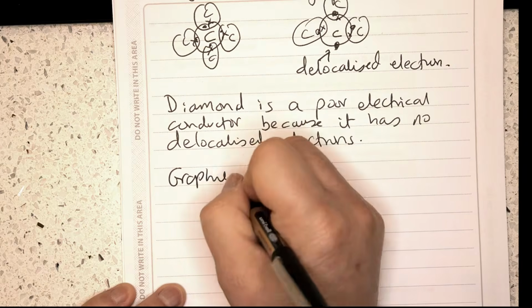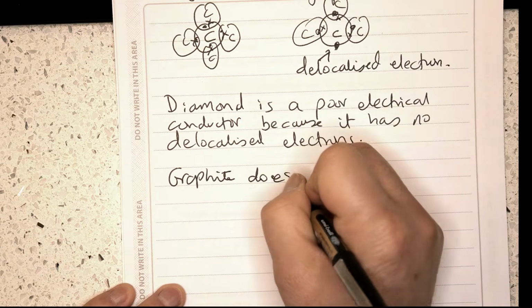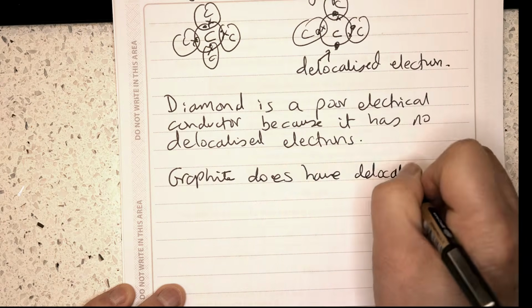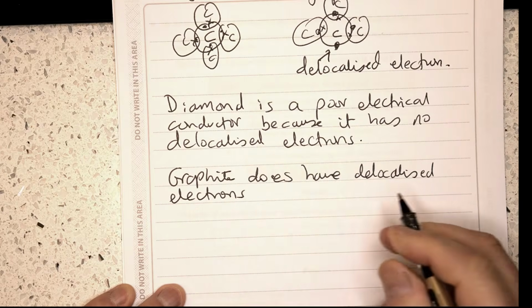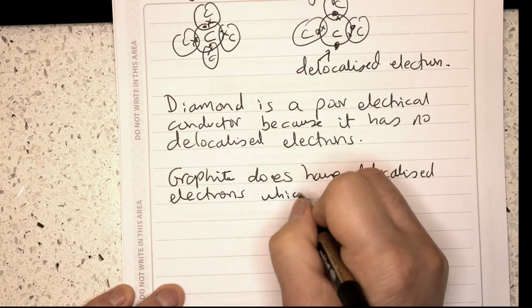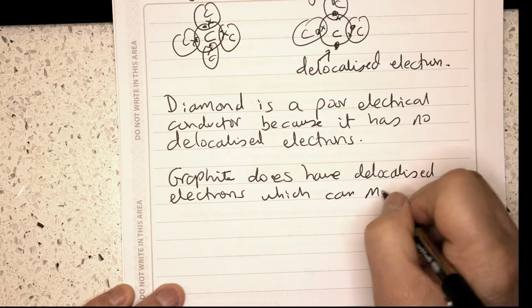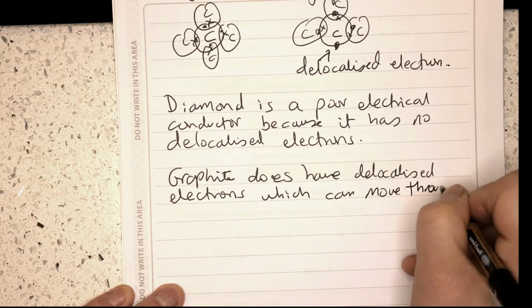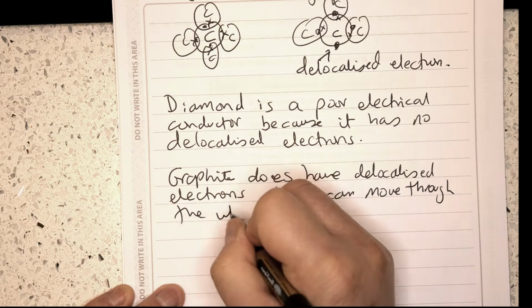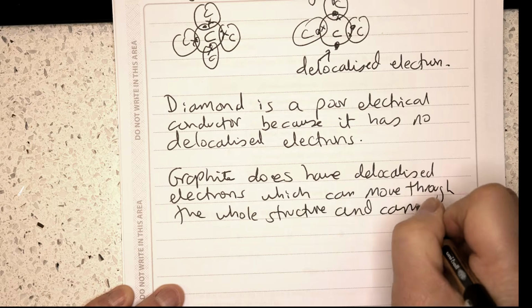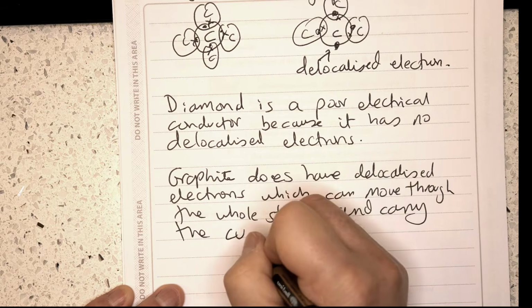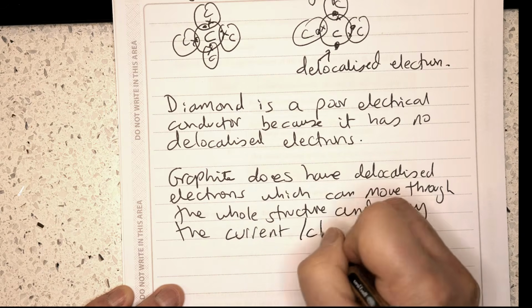Graphite does have delocalized electrons, and we need to say these electrons can move through the whole structure and carry the current, or you could say carry the charge.